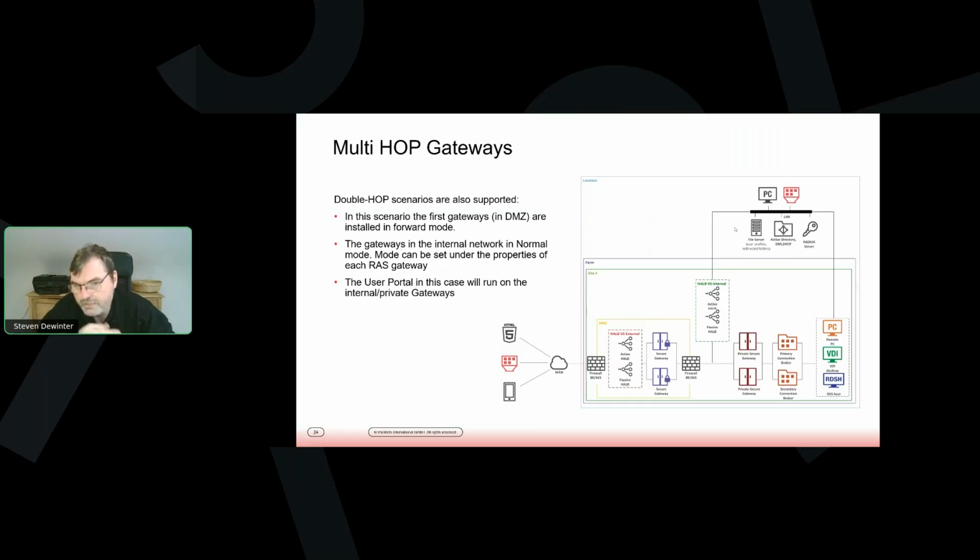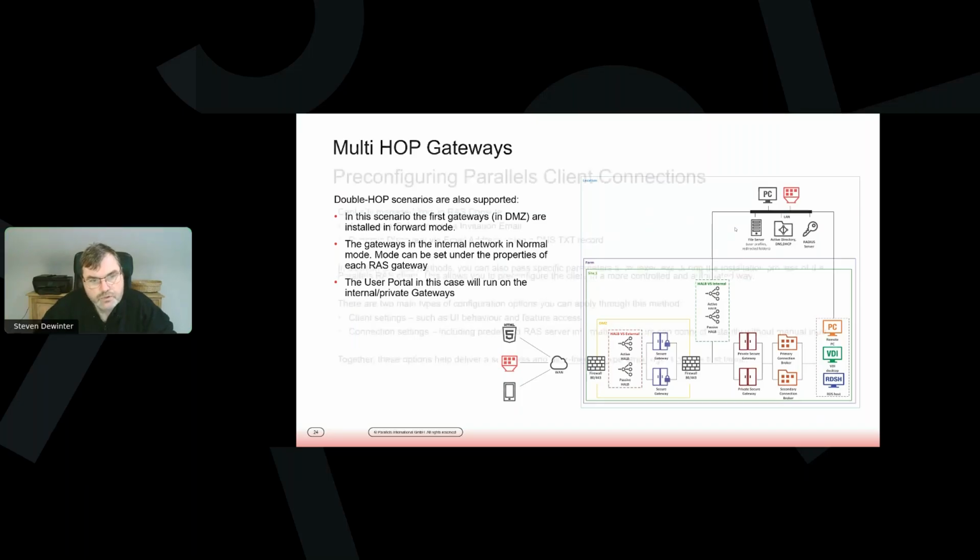And the first gateway, which is in the multi-hop scenario, is purely there to terminate the traffic and to loop it inside the network. Also, for these more complex scenarios, there is no need for any extra licenses or any extra management tools. Everything can be managed from the centralized management portal.